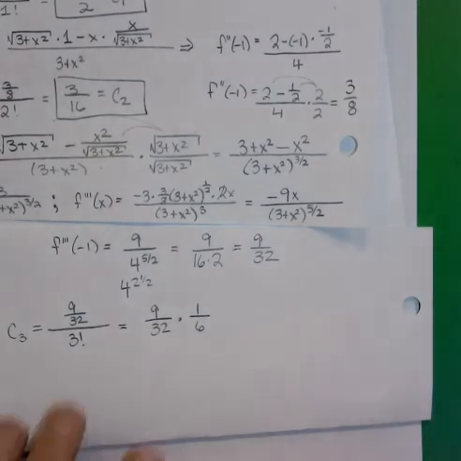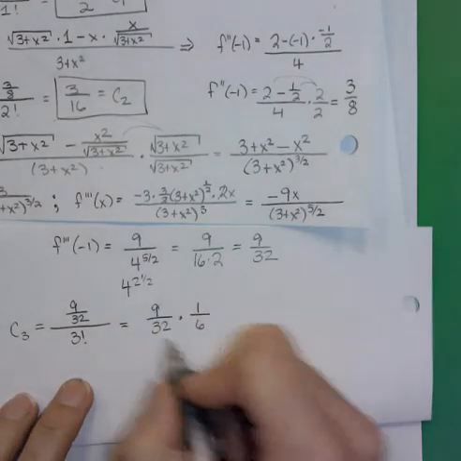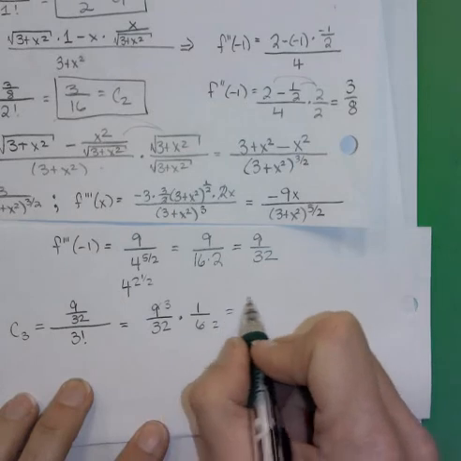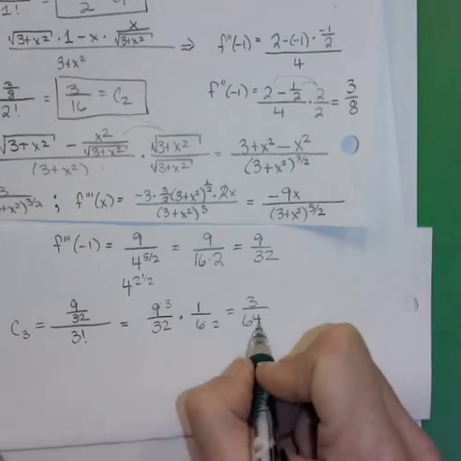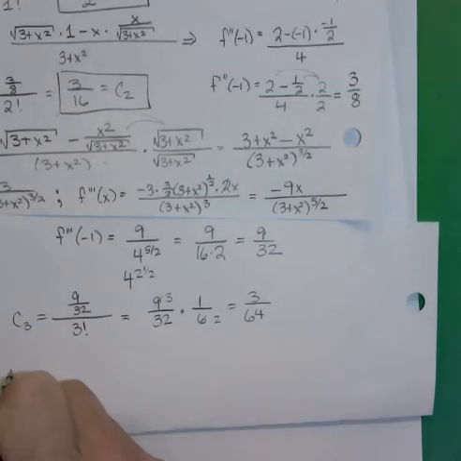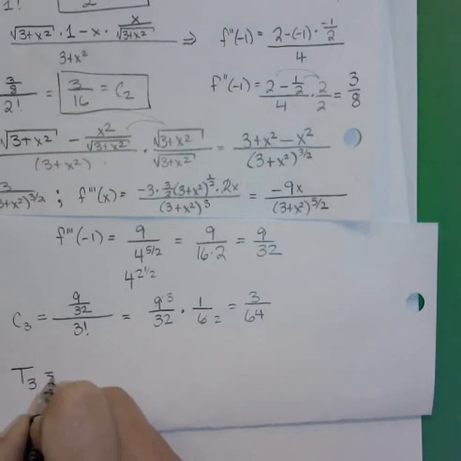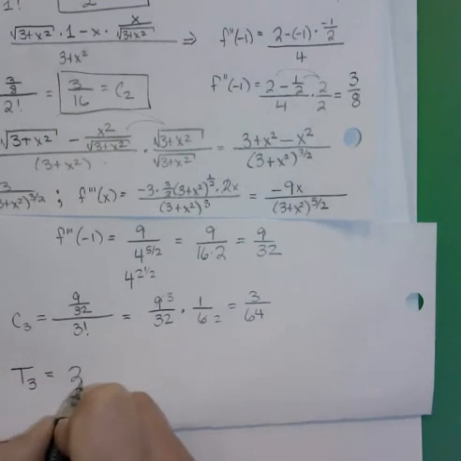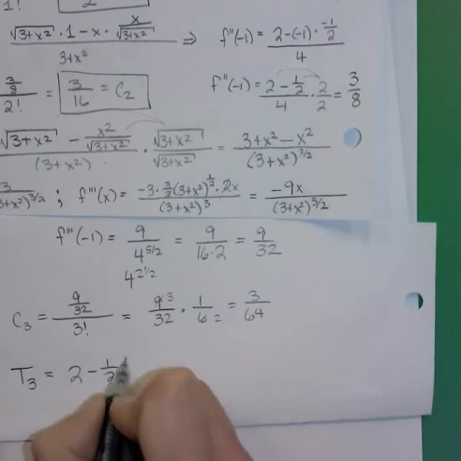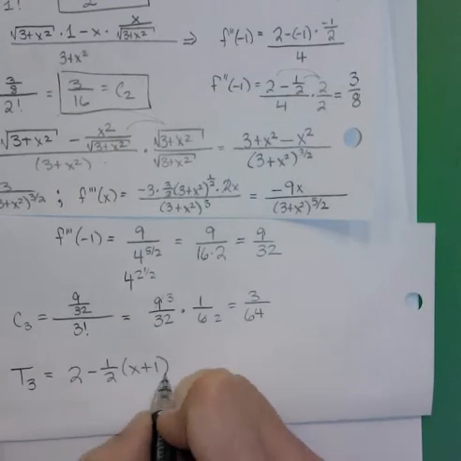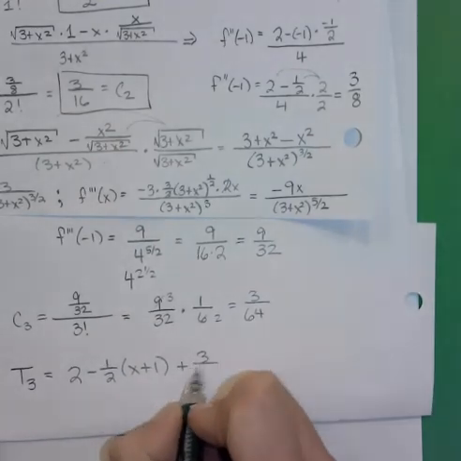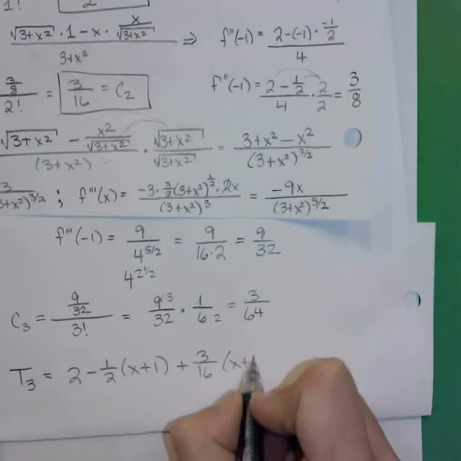And 3 goes into both of those. So 3 over 64. So now we know T3 is 2 minus 1/2 times x plus 1 plus 3/16 x plus 1 squared.